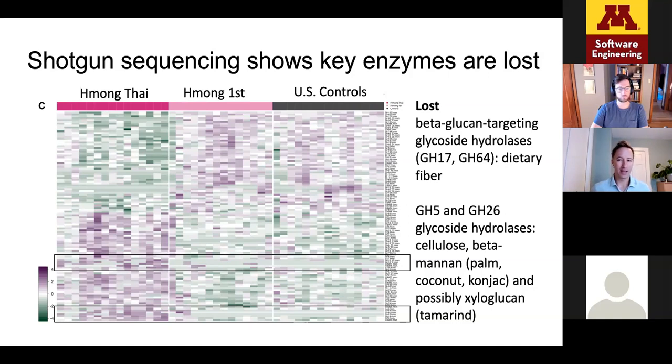And so that might explain part of the shift: you stop eating certain types of plant fibers, the bugs who relied on those are just going to go away. And it's not necessarily a bad thing. And again, there's nothing causal here. This is just an observation. But what we did observe is that loss in diversity.